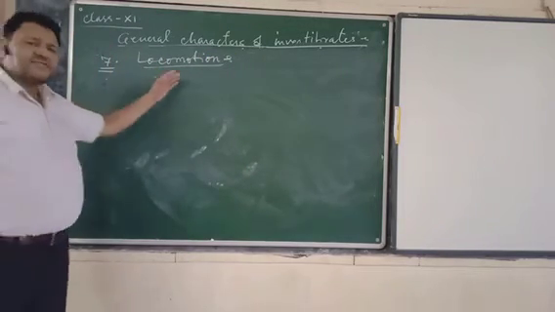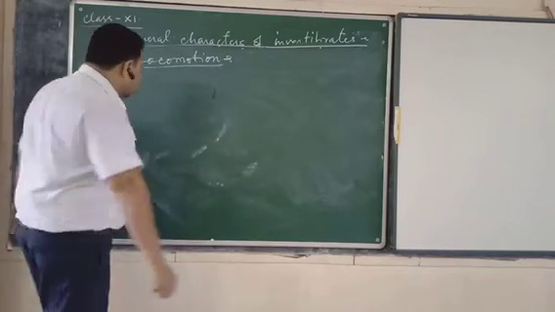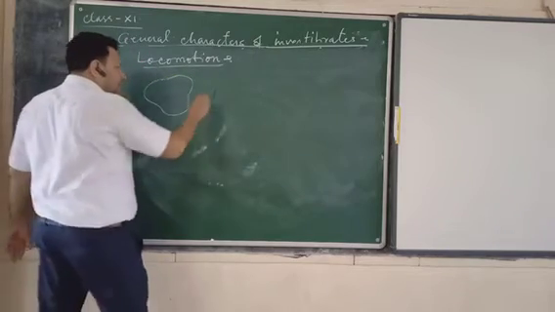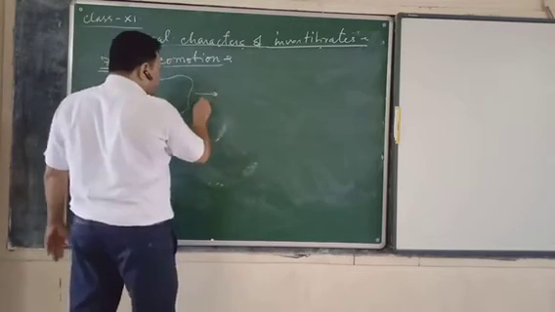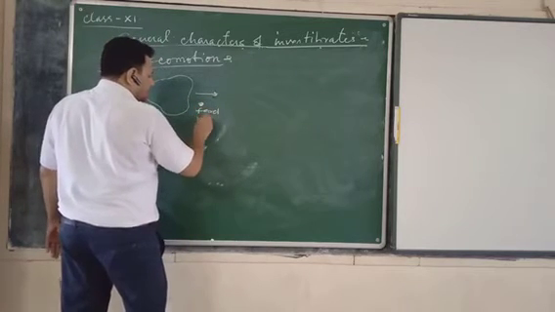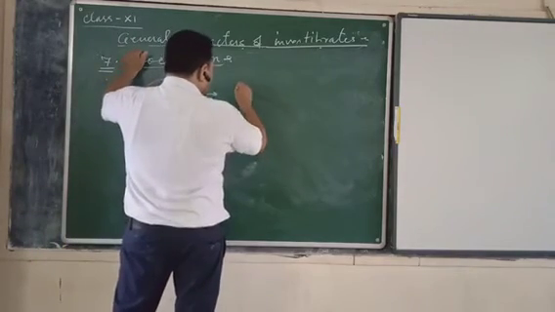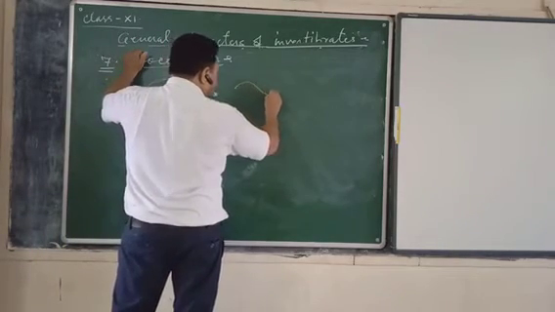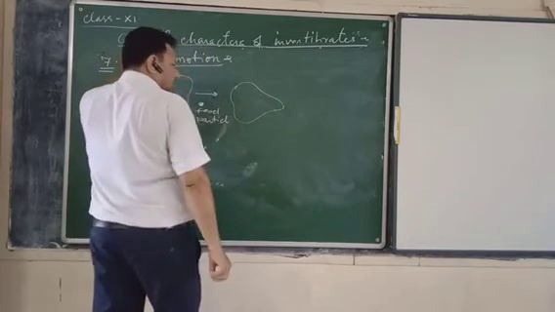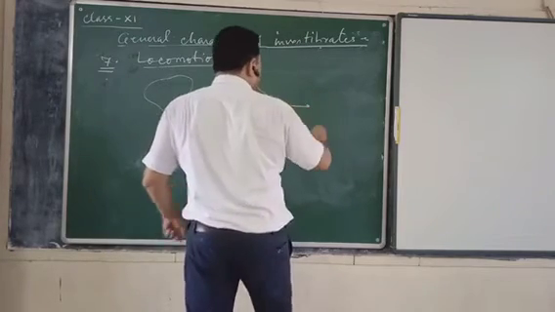There are various ways of locomotion in the invertebrates. If you see in the case of amoeba, suppose if this is the food particle that is kept. This amoeba is moving like this, near the food particle.